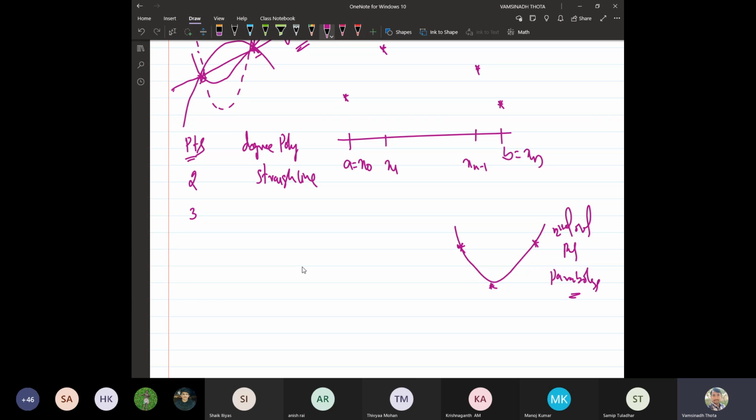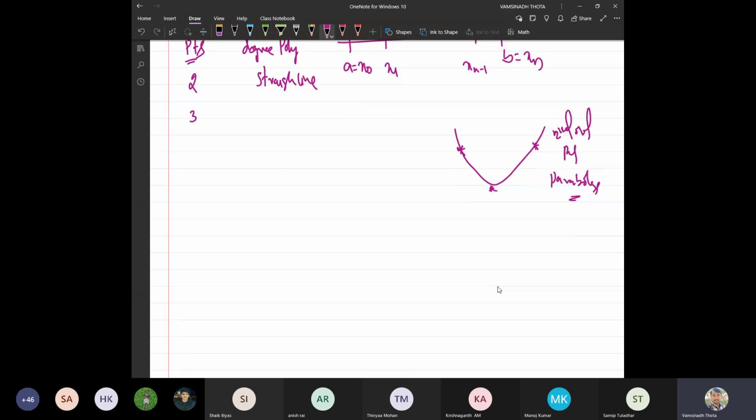Parabolas. Not only that, it depends on the position of the points. We know the values of the function at 3 points, say this one and this one. Can we have a polynomial which passes through these 3 points? No. Only a straight line we can have.